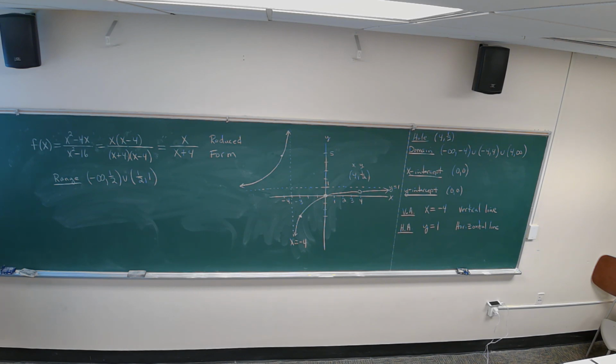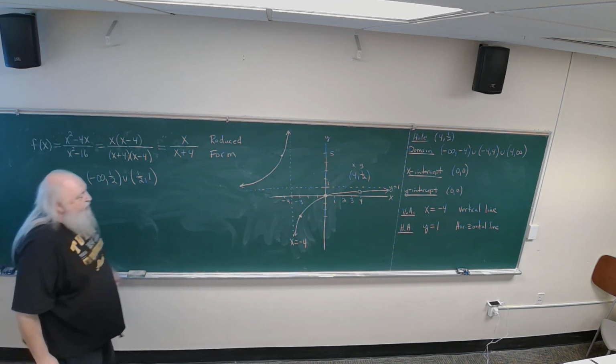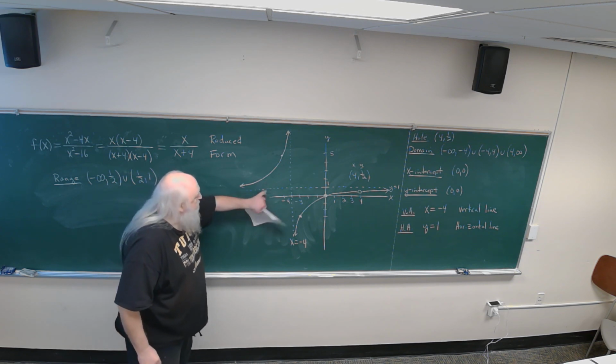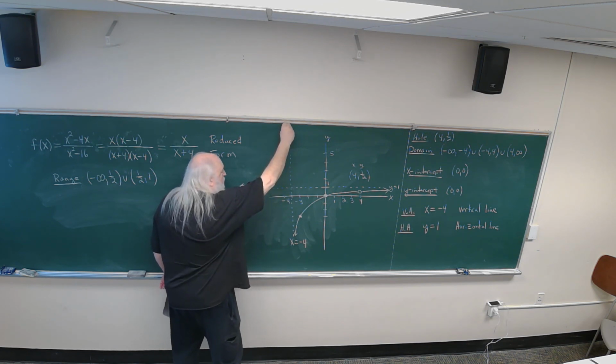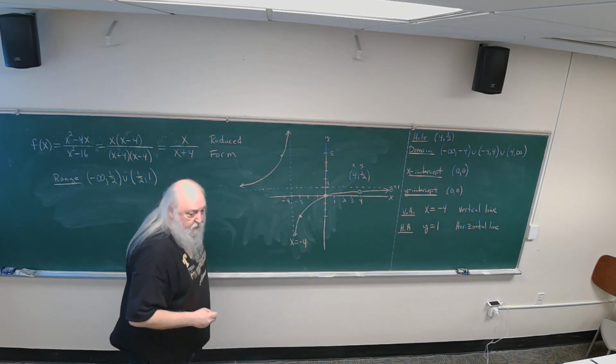Now for this part of the graph, to the left of the vertical asymptote, on the immediate left of the vertical asymptote, the graph goes up forever, and there's no maximum y-coordinate.